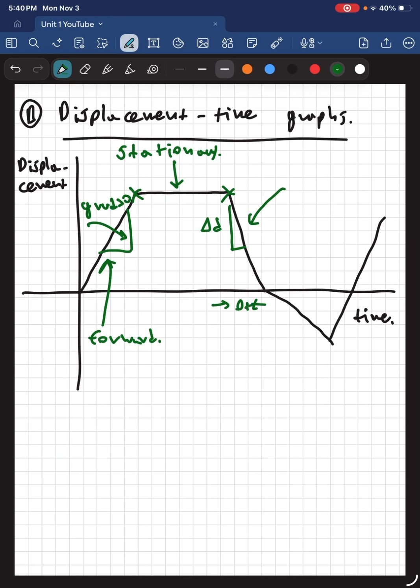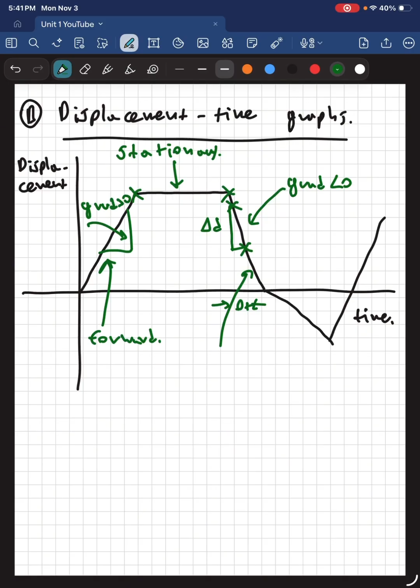Sorry, you don't take a negative time, I take that back. The reason why it's negative is because the final position is here and the initial position is here. Therefore we subtract a larger number from a smaller number, which gives you a negative number. So the gradient is negative, which means that the object is moving backward and fast.